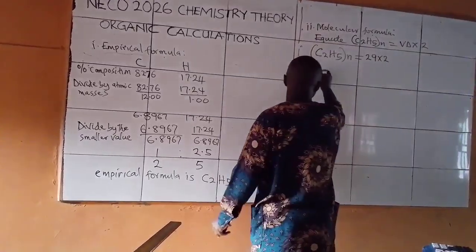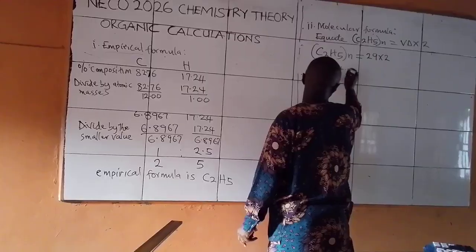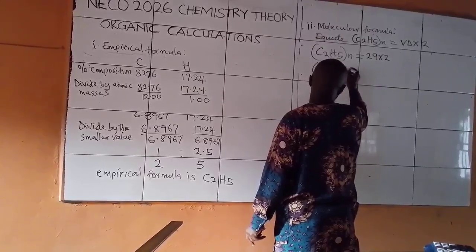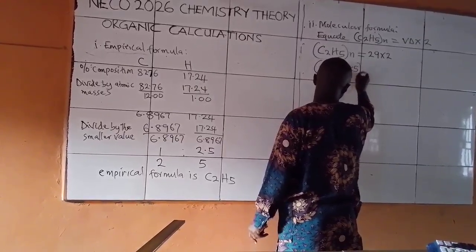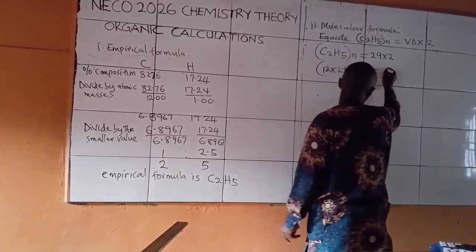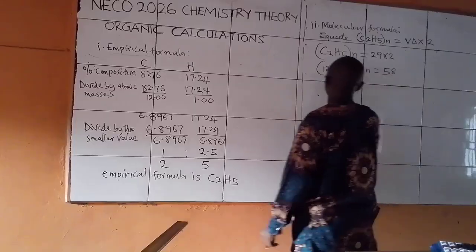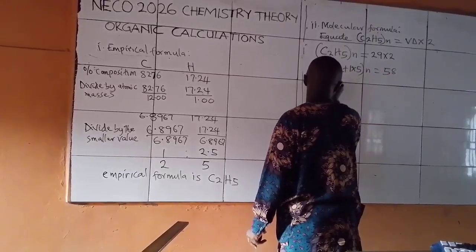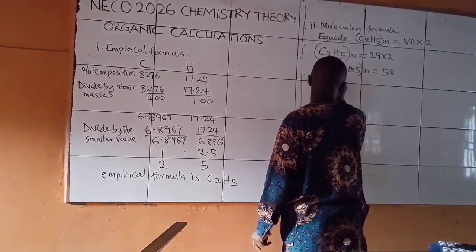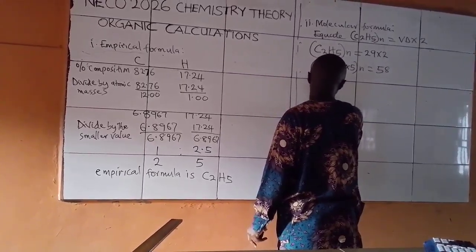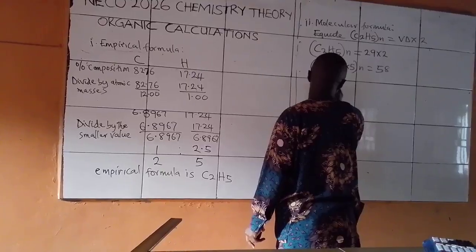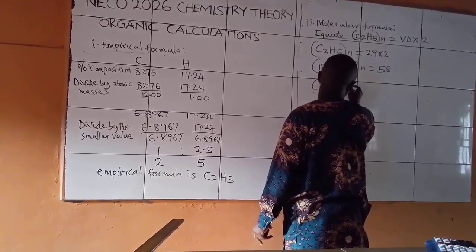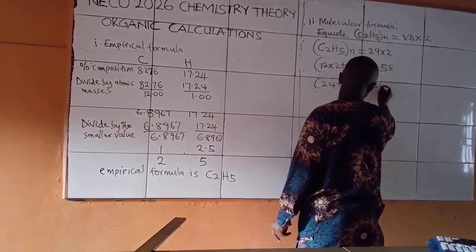So we have 12 times 2 plus 1 times 5, into n, everything equals 58. So 12 times 2 is 24. So in this case we have 24 plus 5n equals 58.